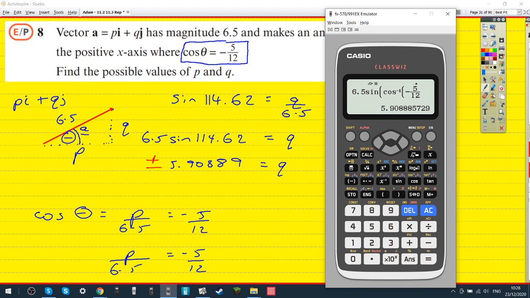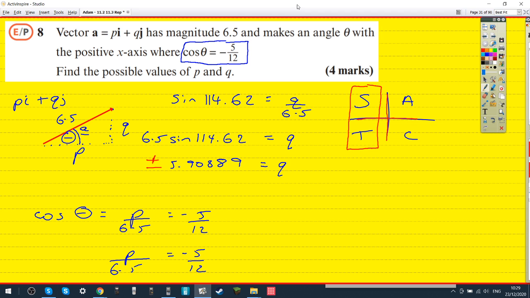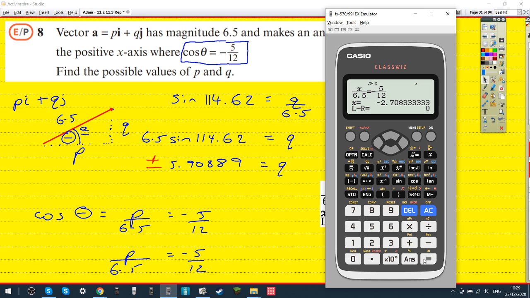You can do it manually if you're lazy. I got minus 2.71, let's say. And it looks like it's an exact fraction. Hold on, yeah, there we go.